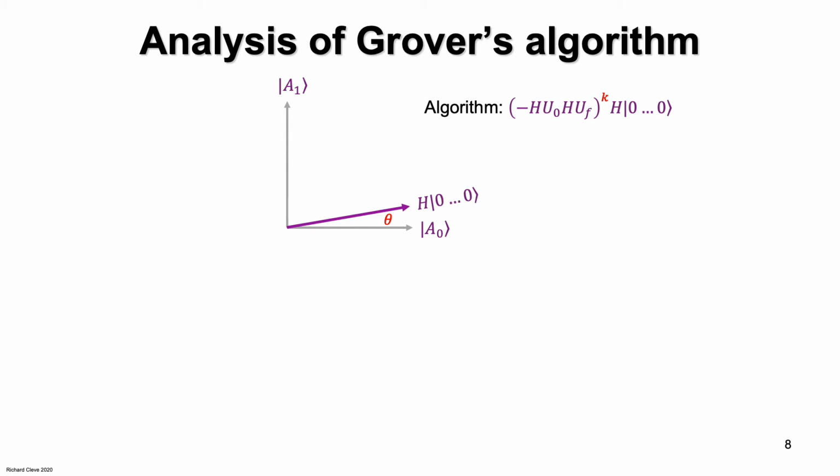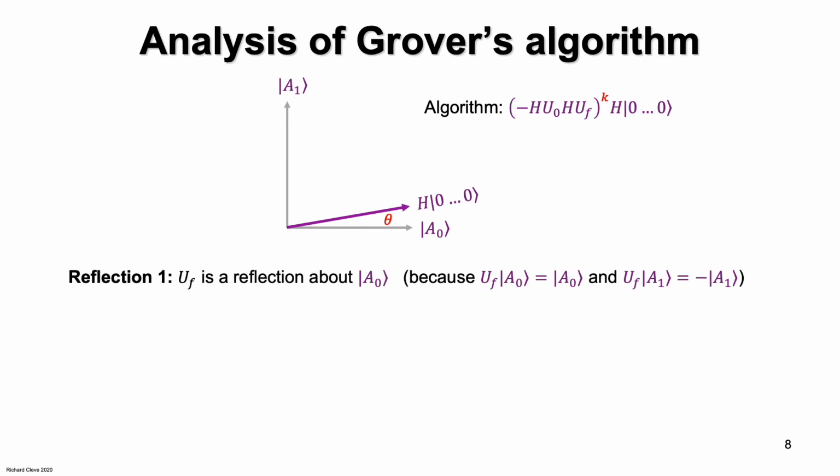The iterative steps I mentioned before consist of two reflections. The first reflection is U sub f. This is a reflection about the line passing through the vector ket A0. Why? Because U sub f applied to ket A0 results in ket A0, and U sub f applied to ket A1 results in minus ket A1.